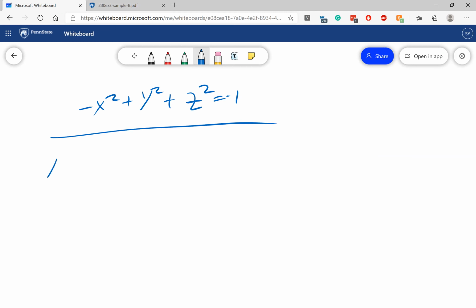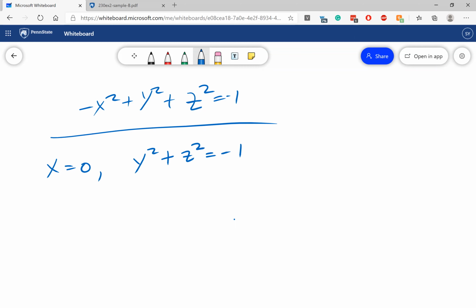Again, if we take x is equal to 0, we get y squared plus z squared is equal to negative 1. So this would not really appear, because you cannot really have this being equal to negative 1.